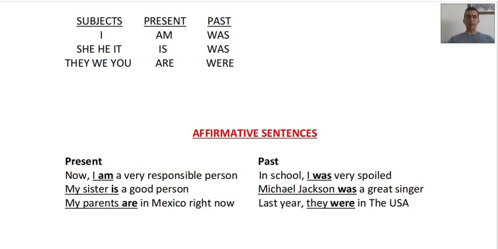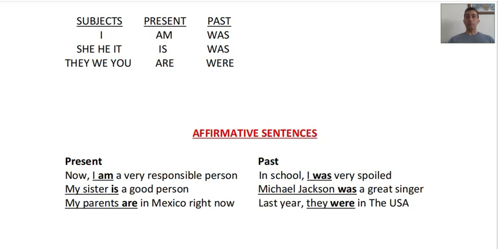Now I am a very responsible person. Ahora soy una persona muy responsable. In school I was very spoiled. En el colegio yo fui o era muy mimado. I was very spoiled en pasado. My sister is a good person. Mi hermana es una persona muy agradable, muy buena persona, muy buena gente. Michael Jackson was a great singer.